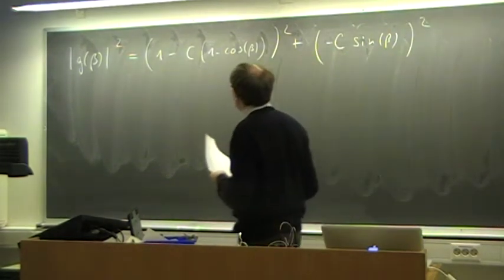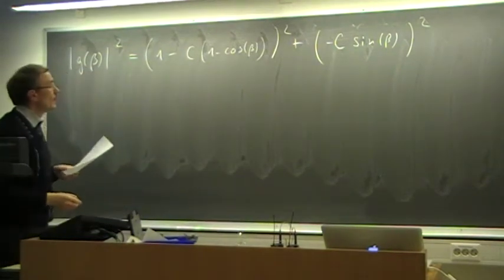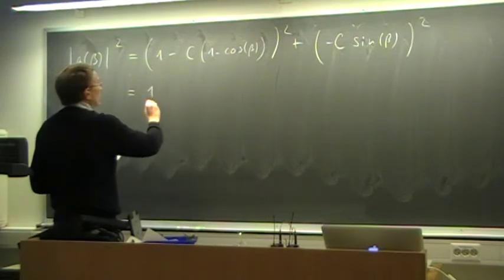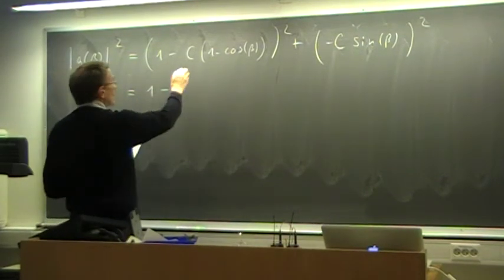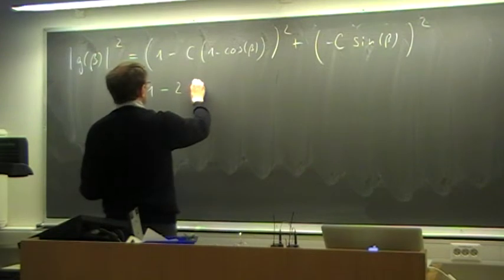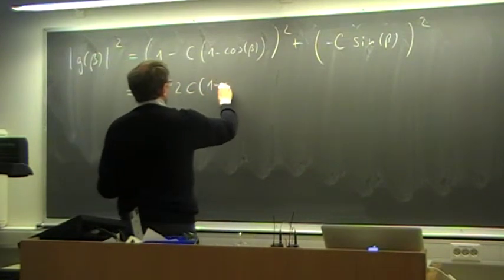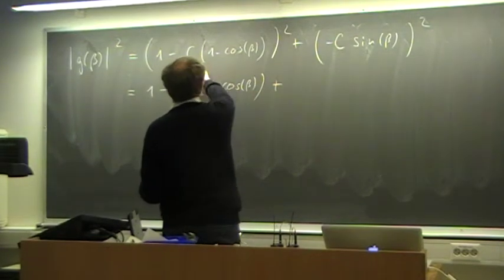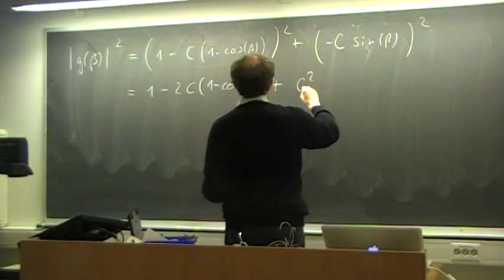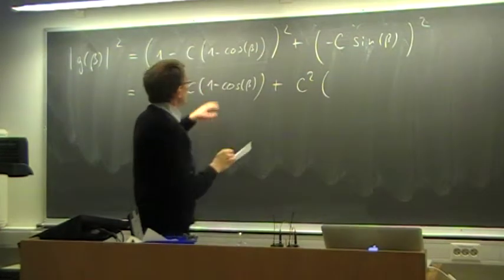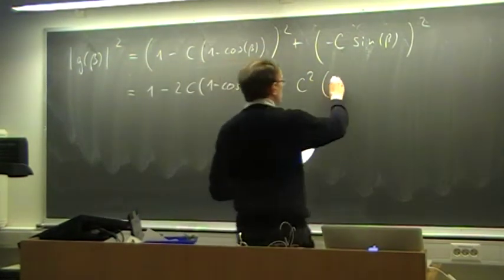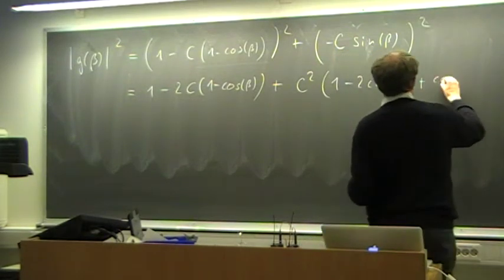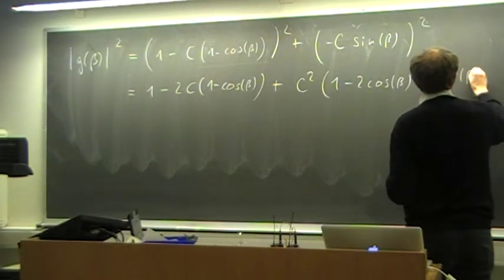squared. So then we have to do a little algebra here. So that gives 1 minus. We take the binomial formula here, 2 times 1 minus cosine beta, plus this squared, c squared. We take immediately this squared. It's 1 minus 2 cosine beta plus cosine beta squared.